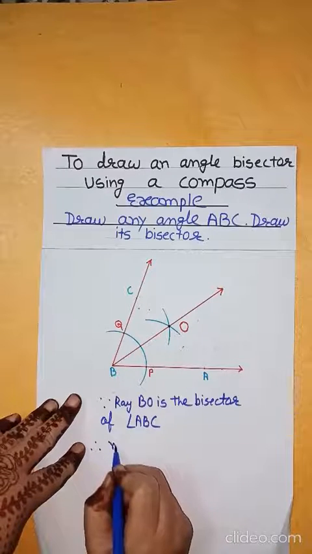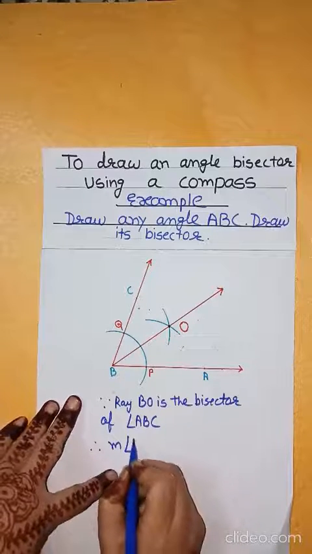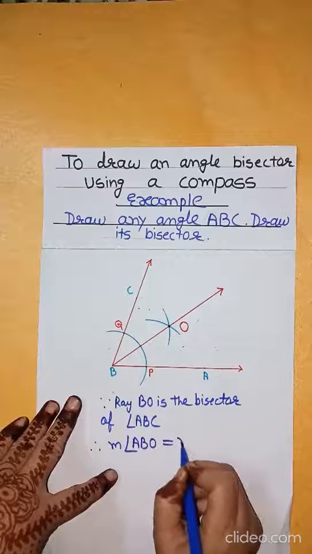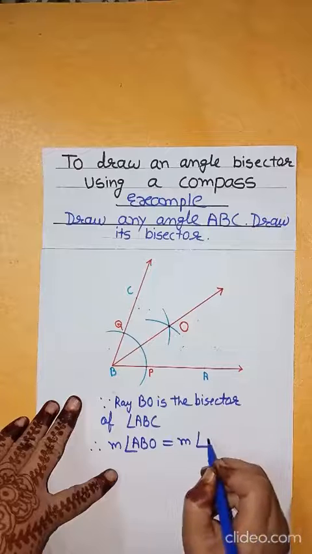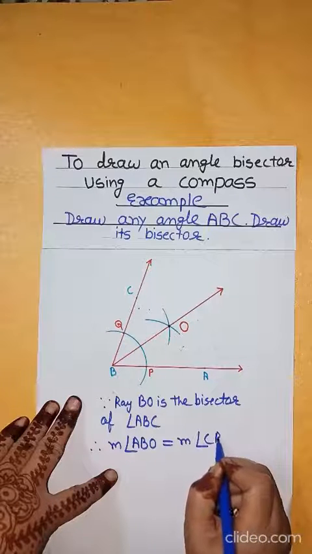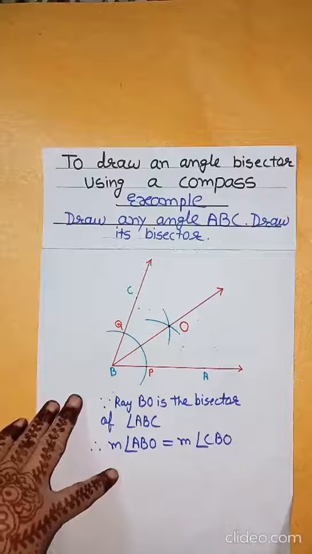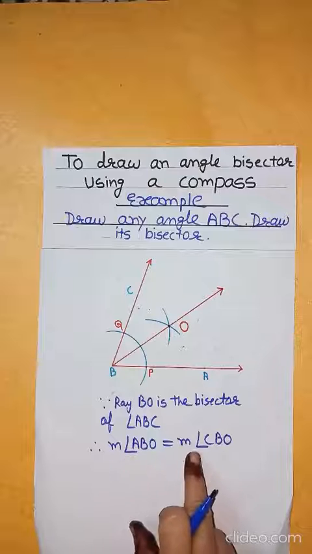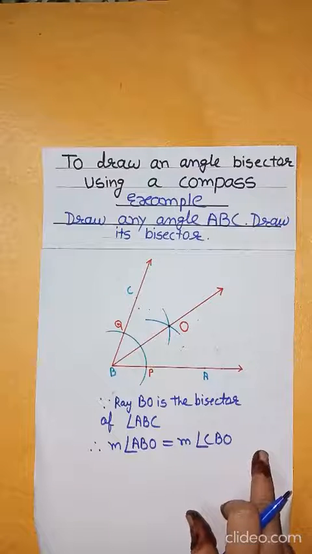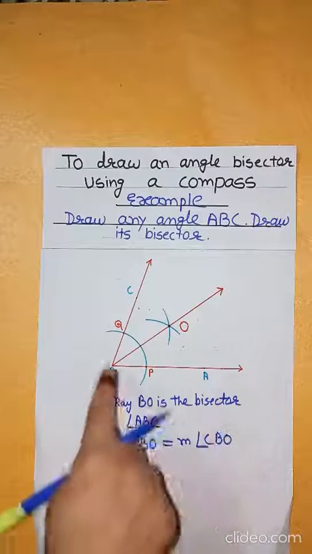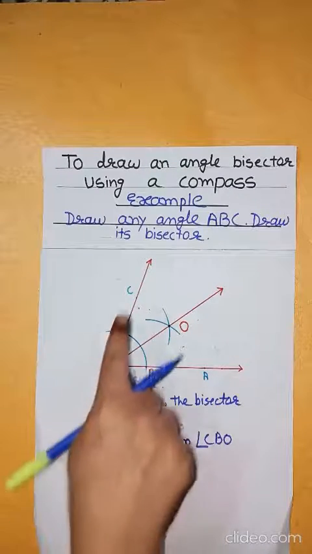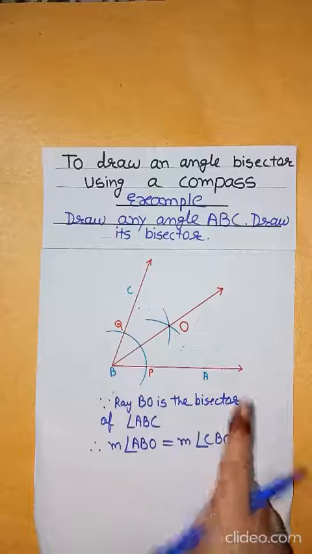Therefore, measure of angle ABO is equal to measure of angle CBO. But here if you know the measure of the given angle, then we can write measure of angle ABO is equal to measure of angle CBO is equal to 35 degree, because after measuring the given angle with the help of protractor, we get the total measure of the angle ABC is equal to 70 degree, and therefore we can write.